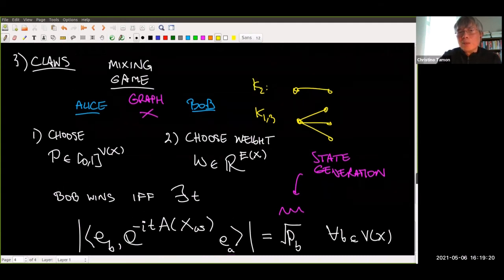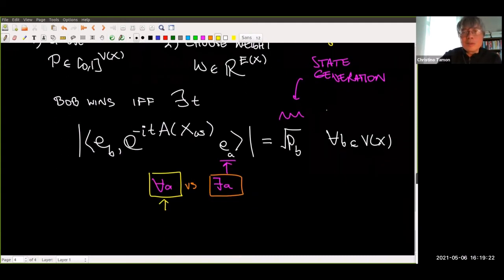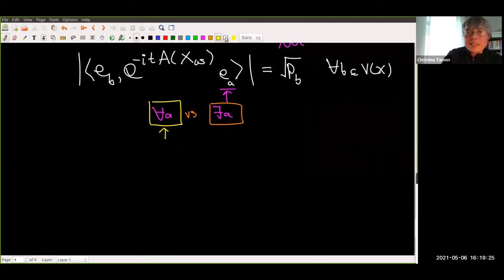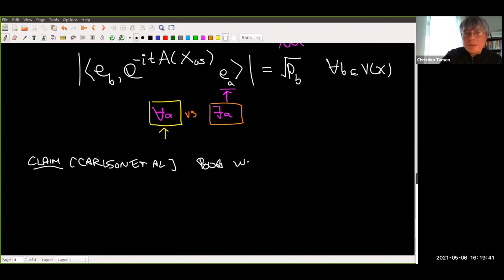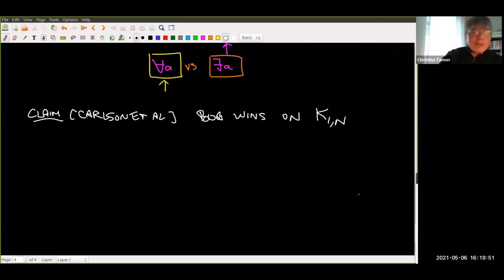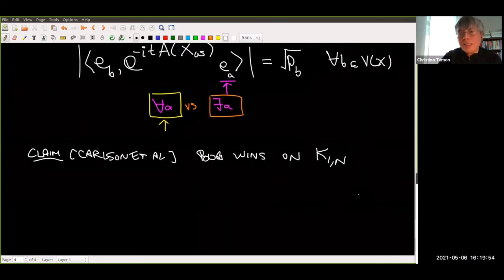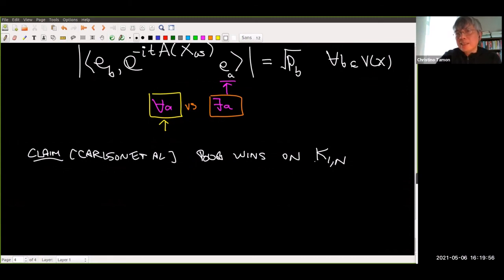The thing I want to mention actually is this claim, which I did a while back: Bob wins on the claw. Let me state the open question first, and then if we have time, I'll quickly sketch what's going on with this graph.